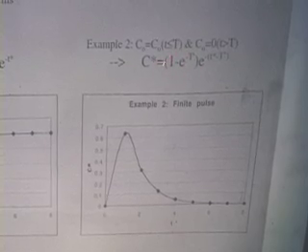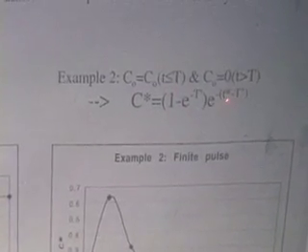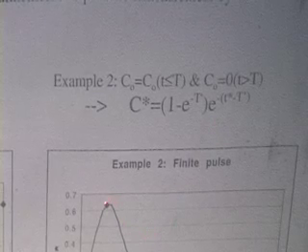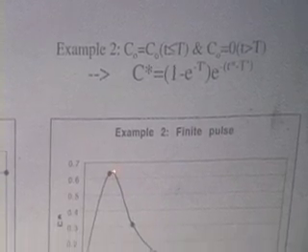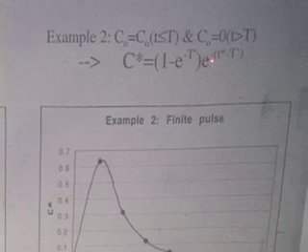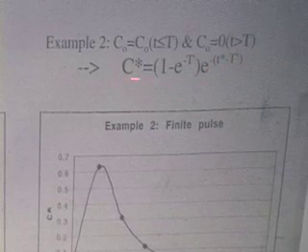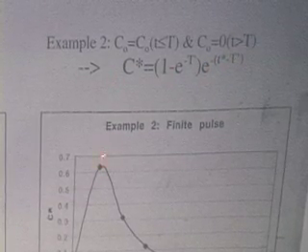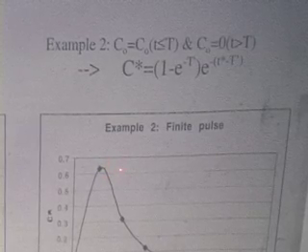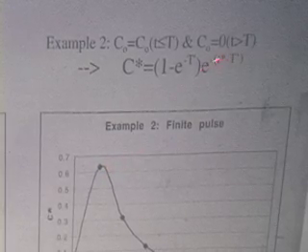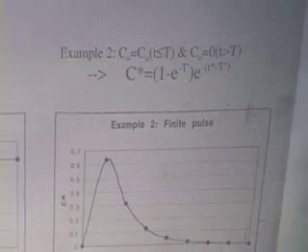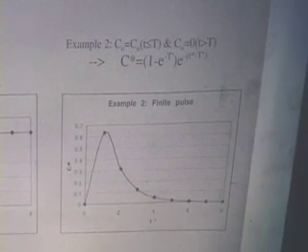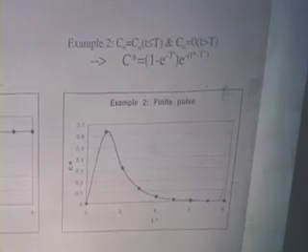This happens at what T star? When T star is equal to what? What puts me right here? Big T prime, right? When T star is equal to big T prime, C star is this. This is, in fact, the peak, isn't it? And then as T star keeps running, it pulls it down, just as it did in the solution that we got on the previous page.